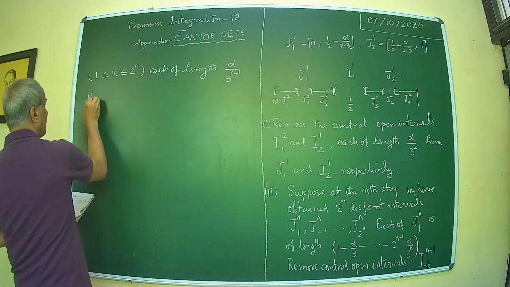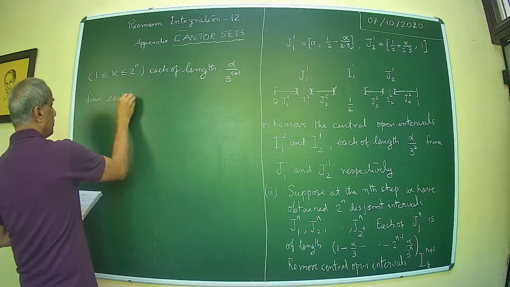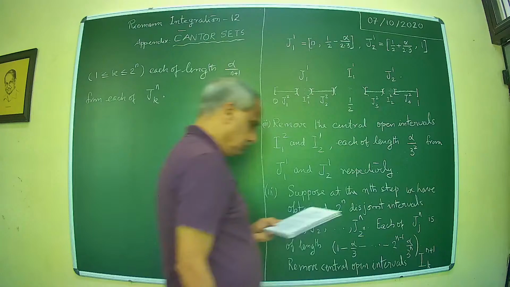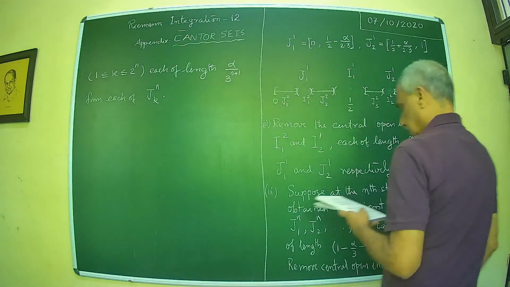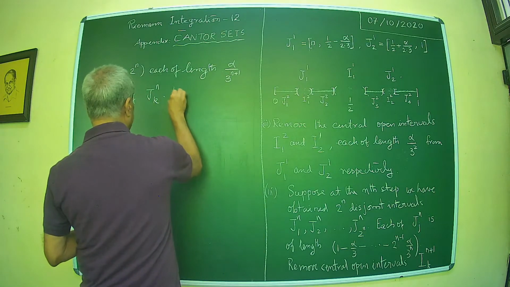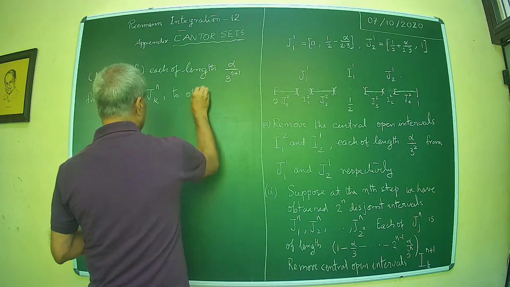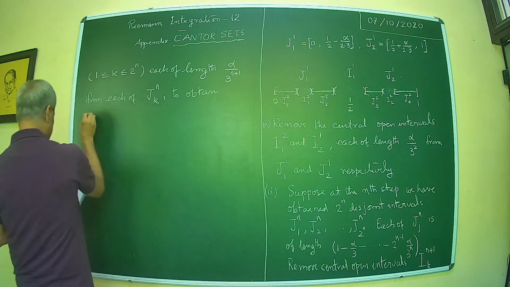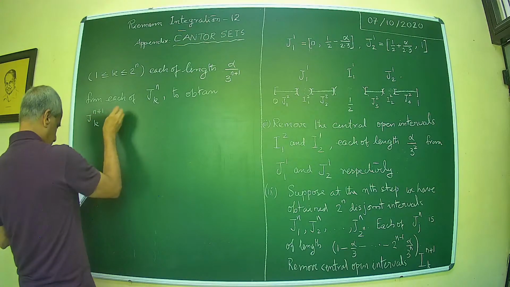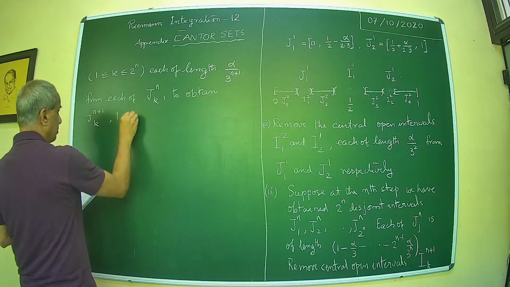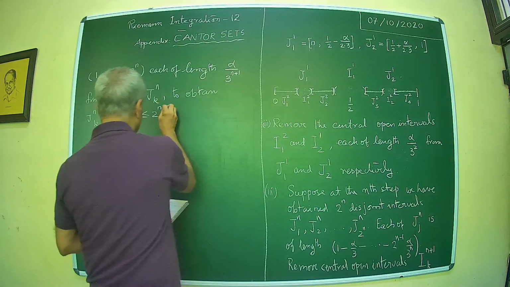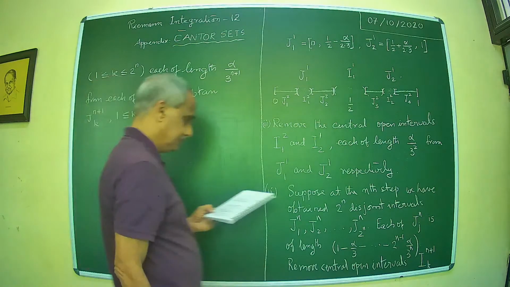From each of, where of course, to obtain J n plus 1 k, one less than or equal to k less than or equal to 2 to the power n plus 1.